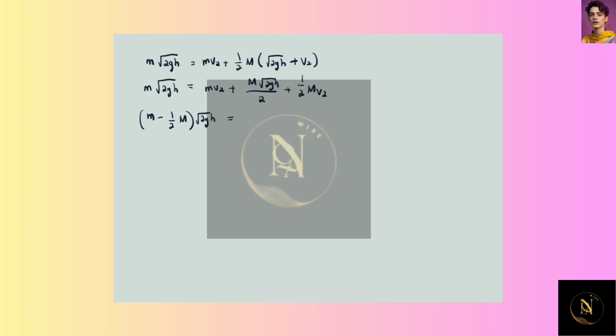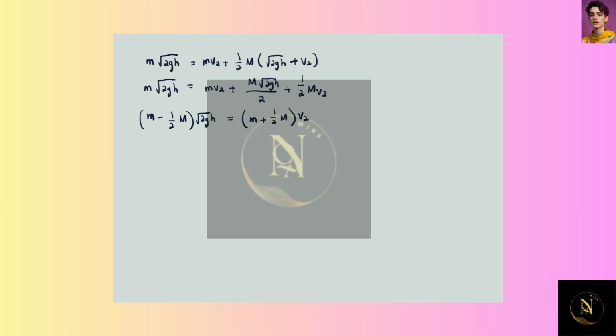I factored out square root of 2gh, and the right hand side will be m plus 1/2 the mass of the disk times v2.